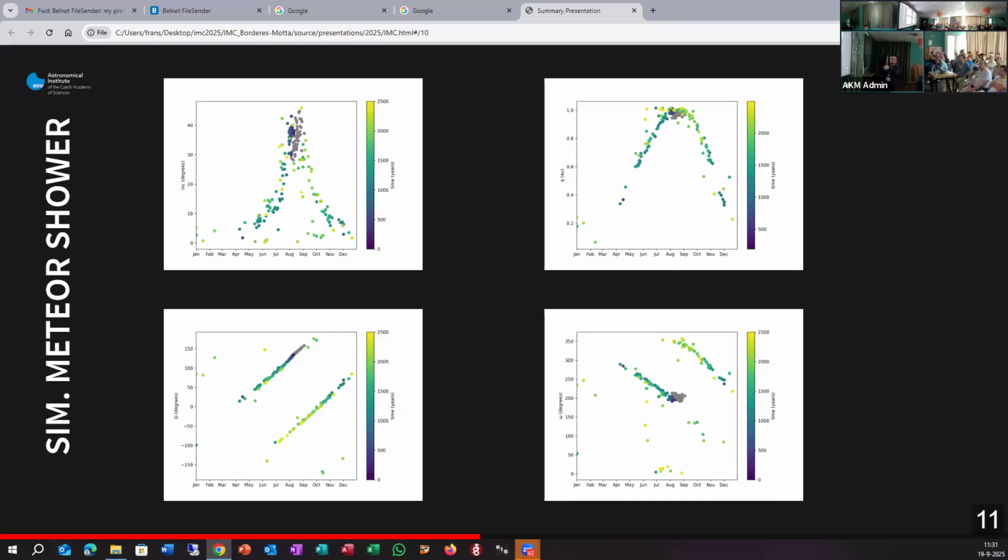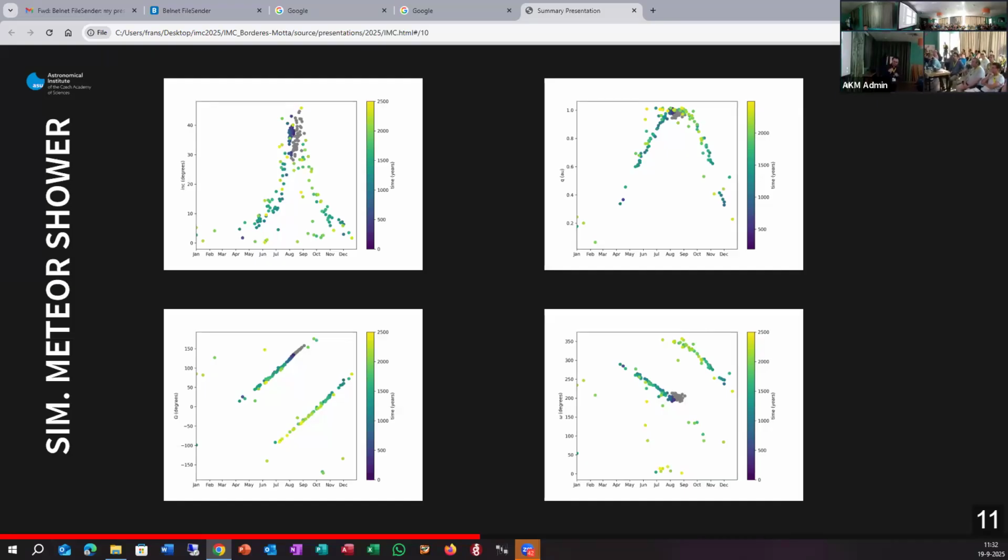And in different colors, we can see the particles by the year that they are arriving. We can see that the shower I'm generating with the simulations is going very far from the region of the observed meteor shower, right? But the blue part is touching that. So let us redo the simulation.